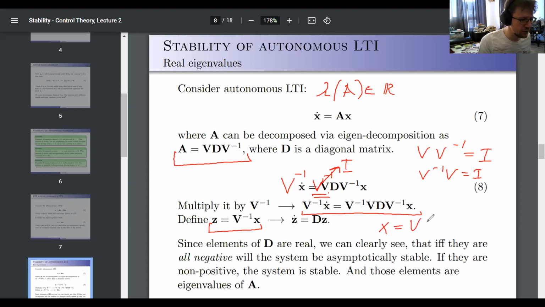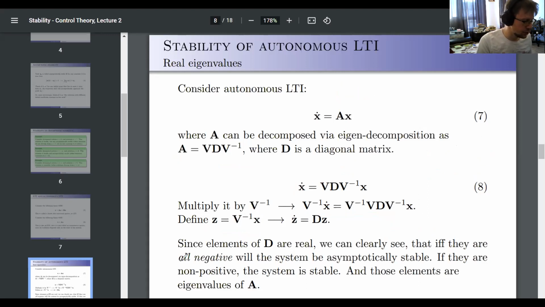Like this: X is equal to V times Z. It just follows from this definition and from the fact that this matrix is not changed.